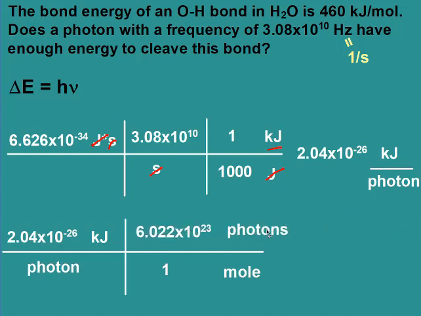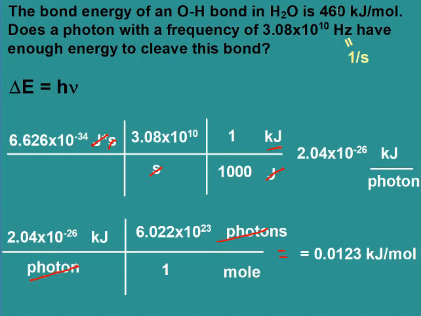Those particles are the same whether it be an atom, molecule, formula unit, or in this case, light. So 6.022 times 10 to the 23rd light particles, or photons, are going to equal 1 mole. So photons cancel, leaving us with kilojoules per mole. Solving that out, I get 0.0123 kilojoules per mole.